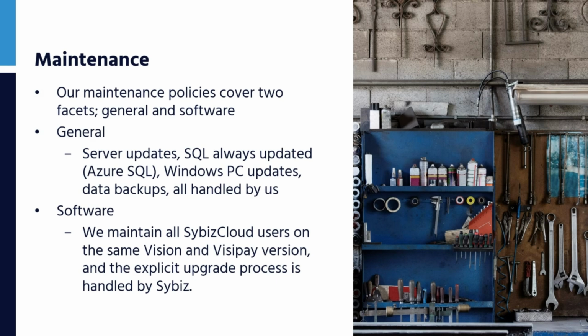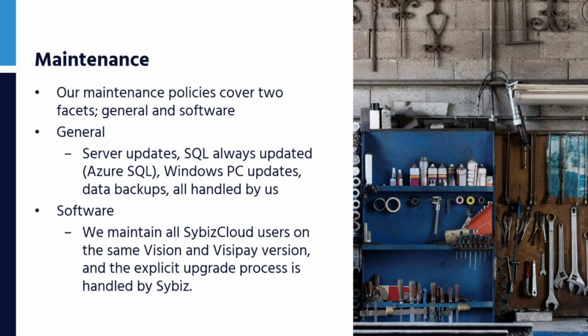The other advantage is that we'll also handle the Vision and VisiPay upgrades. There may still need to be liaisons with your business partner in regards to customizations you might have, to make sure that they are kosher as that upgrade occurs. But the general process is that about 3-4 weeks before an upgrade, we'll send out an email to everyone saying there's going to be an hour of downtime, thereabouts.